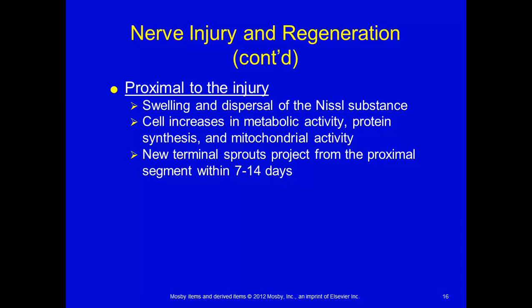Now, to be clear, mature nerve cells that we're going to find in the brain or the spinal cord do not divide, right? And injury can cause permanent loss of function. The perfect example of that would be a spinal cord injury. This does not happen. Wallerian degeneration and the potential for axonal regrowth does not happen in the central nervous system.